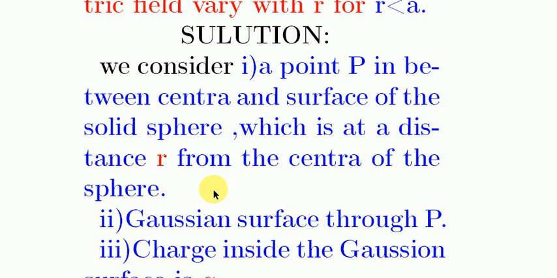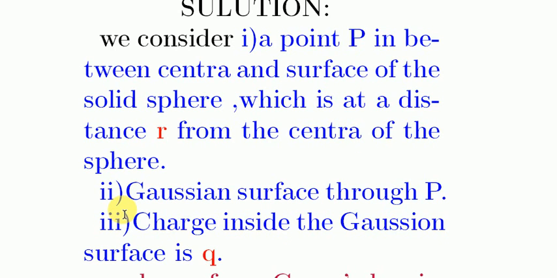Second, we consider a Gaussian surface through the point P. A Gaussian surface is an imaginary surface.